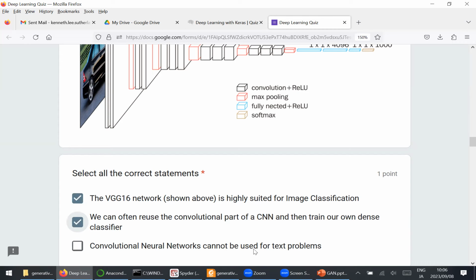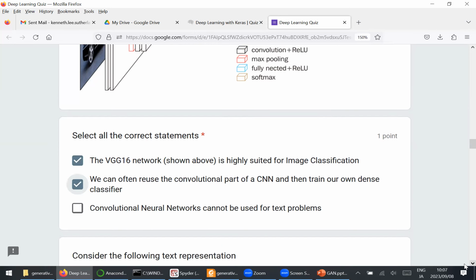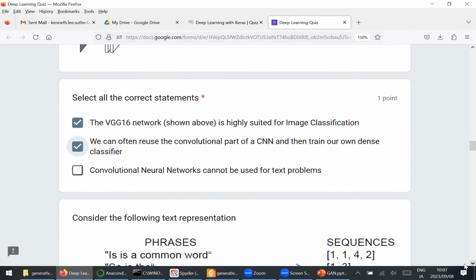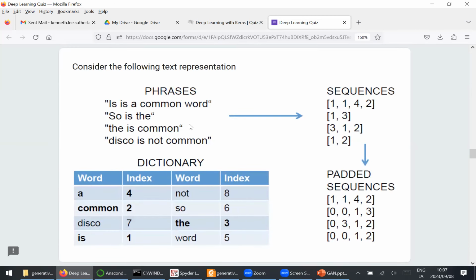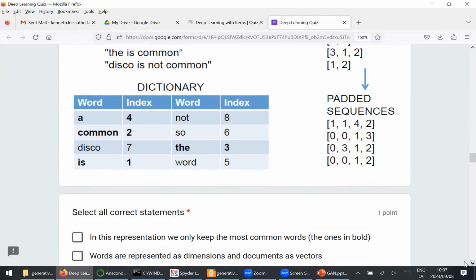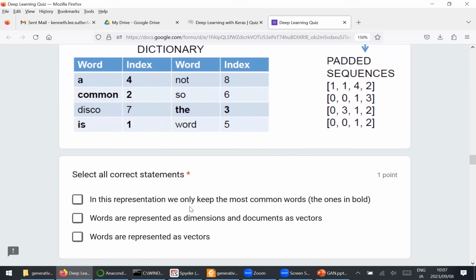Convolution neural networks cannot be used for text problems. I think this is actually false, because you can have a 1D convolution network that works on signals rather than images. So consider this text representation. In this representation, we only keep the most common words, the ones in bold.